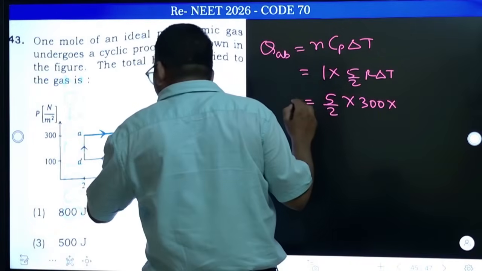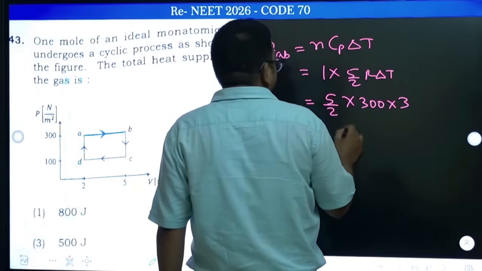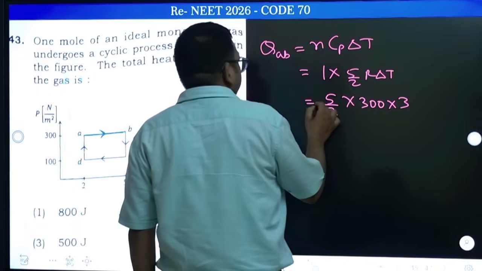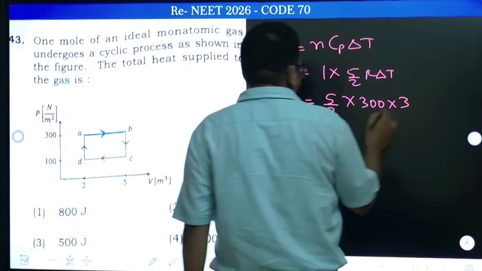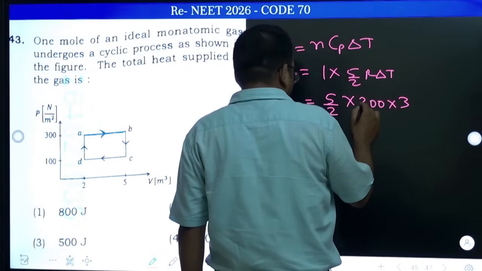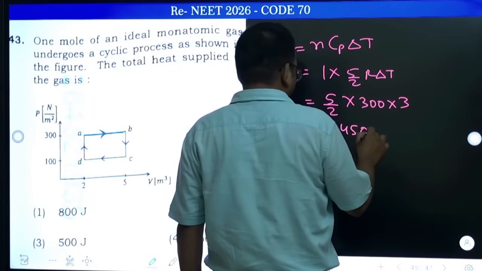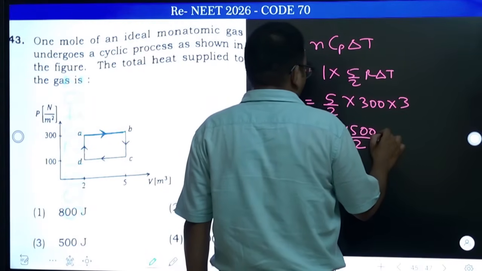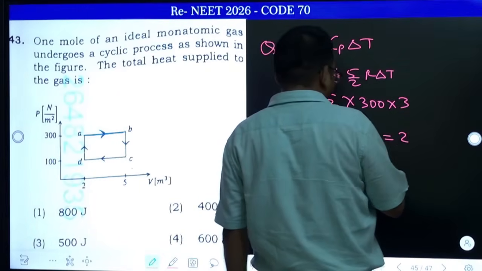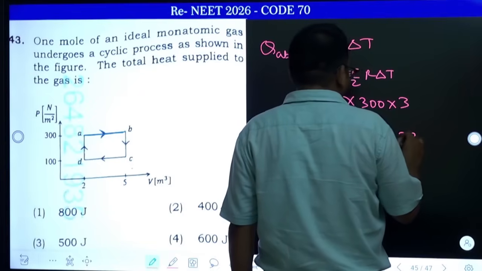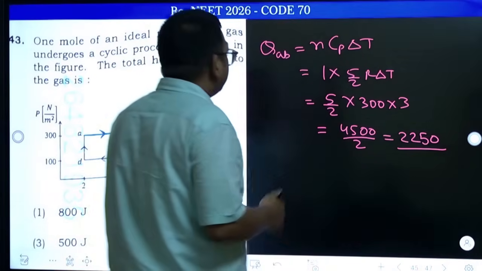Delta V, change of volume, 5 minus 2, is 3. This is positive, so it is heat absorbed, right? So 3 into 3 is 9, 9 into 5 is 45, then 100 by 2, so 2250. Okay, heat absorbed.